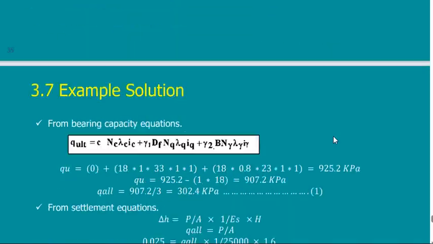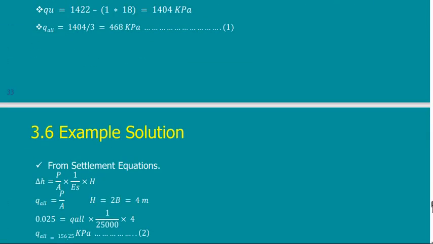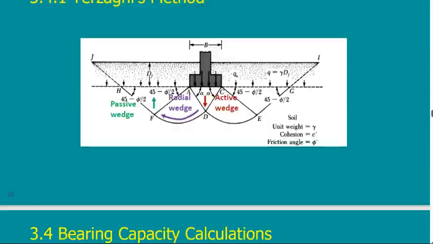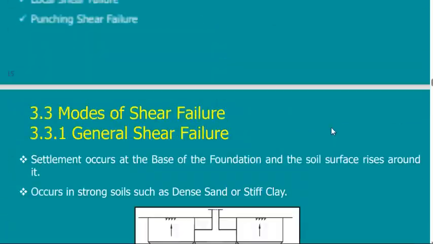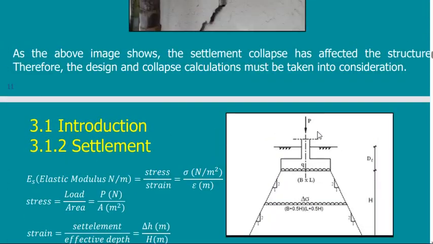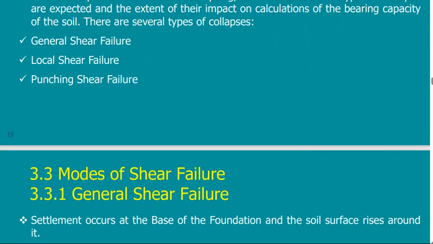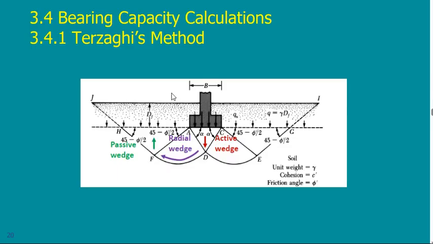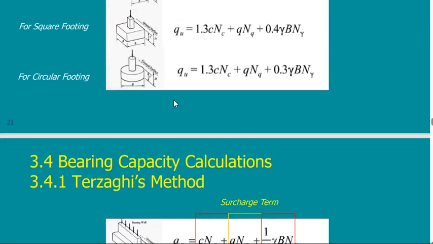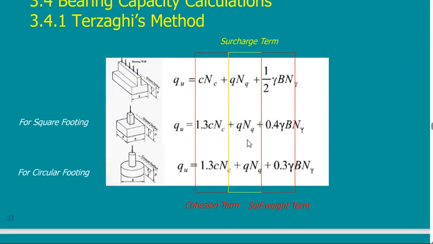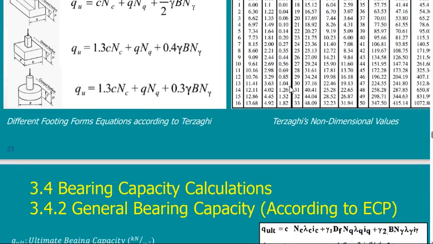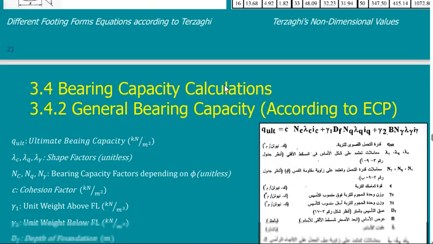So this is what we do. In this lecture, we studied first the equation of the bearing capacity. Where is the equation of the bearing capacity? This is the method of Terzaghi, but we just know it to understand that the Egyptian code is based on Terzaghi's method, so you don't have to memorize this at all.